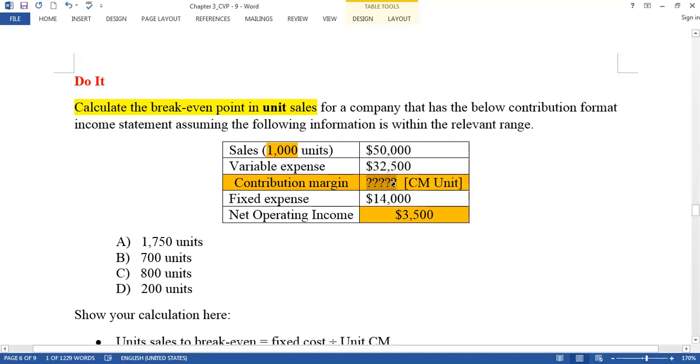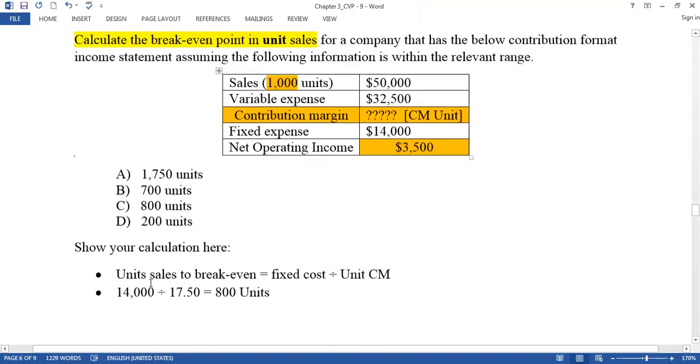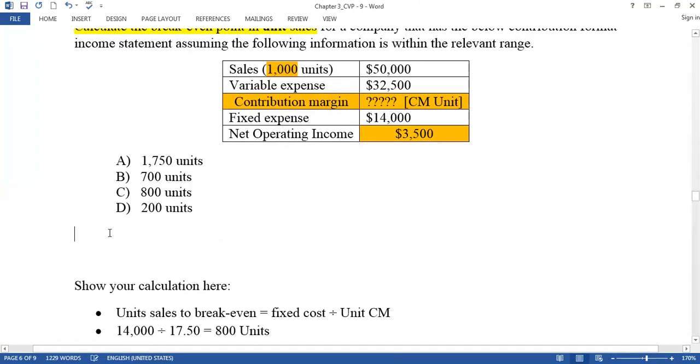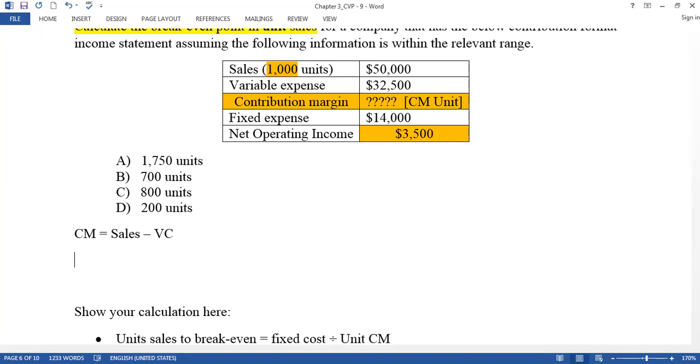Contribution margin divided by quantity sold equals CM unit, right? So this is the hint. To solve this question, we have to calculate CM, and how to calculate CM? Sales minus variable cost. Then we have to calculate CM unit.